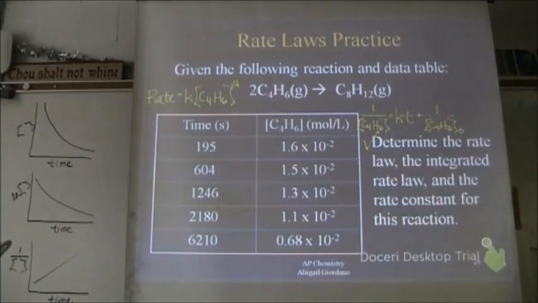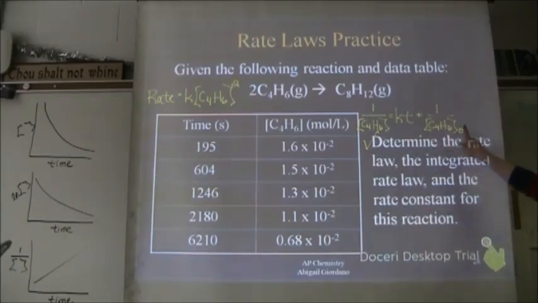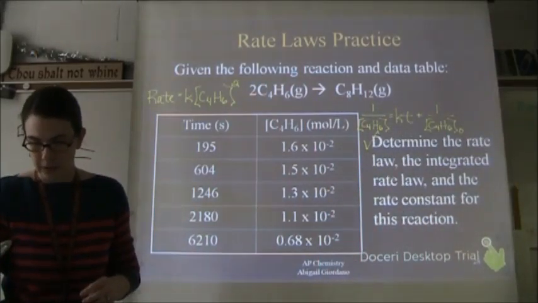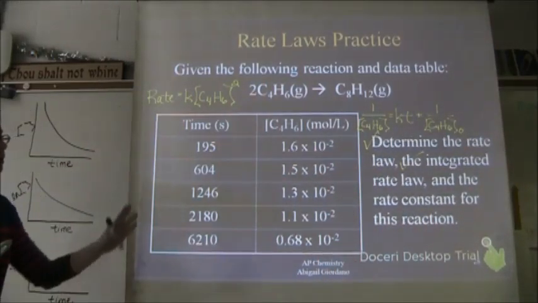Make sure, guys, if you are asked to write the integrated rate law, make sure you put that little sub-zero. If that sub-zero wasn't there, it would be marked wrong. You have to make sure there's a difference between the initial and the final. So, check off that second part.